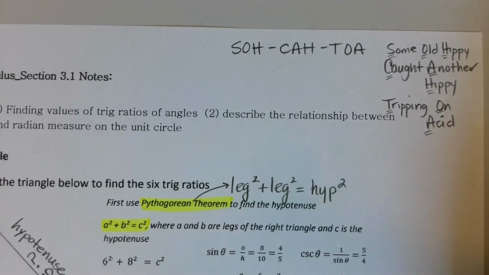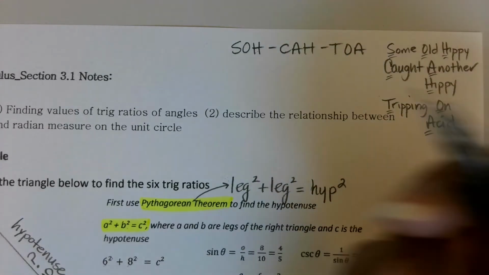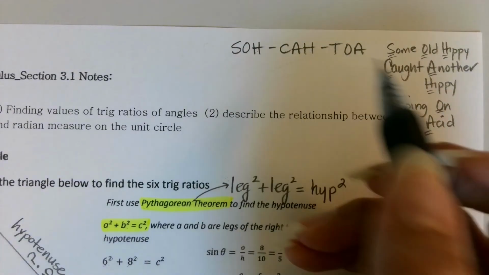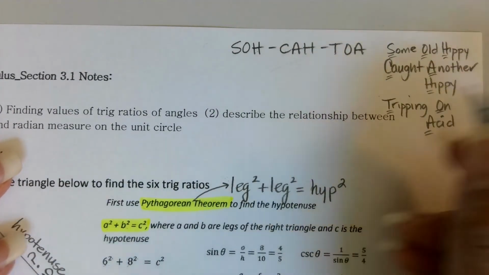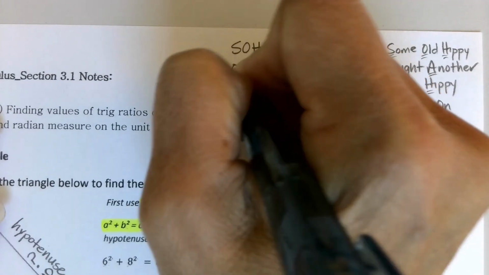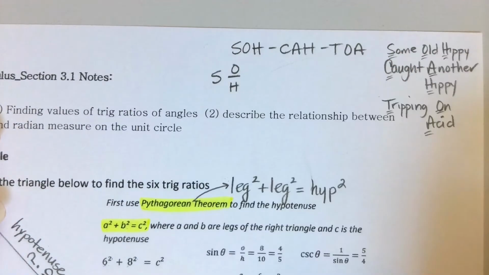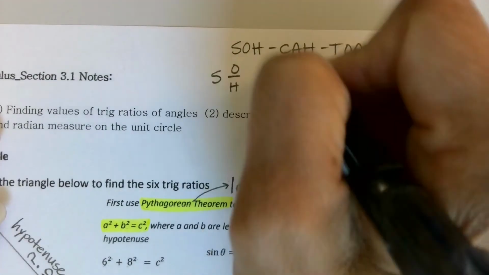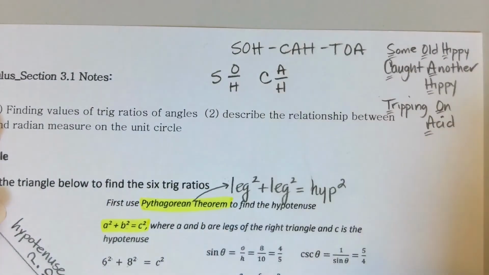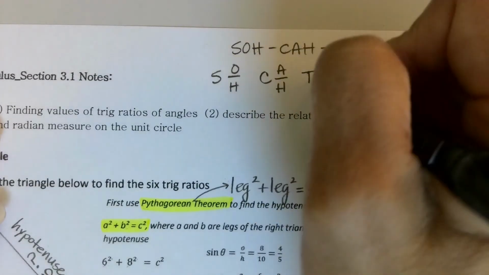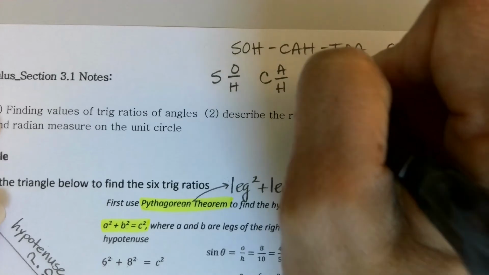Another one that is used, and here's another way that students display the SOHCAHTOA. They write it like this, and I'll say the other mnemonic. They say, some old horse, caught another horse, taking oats away.